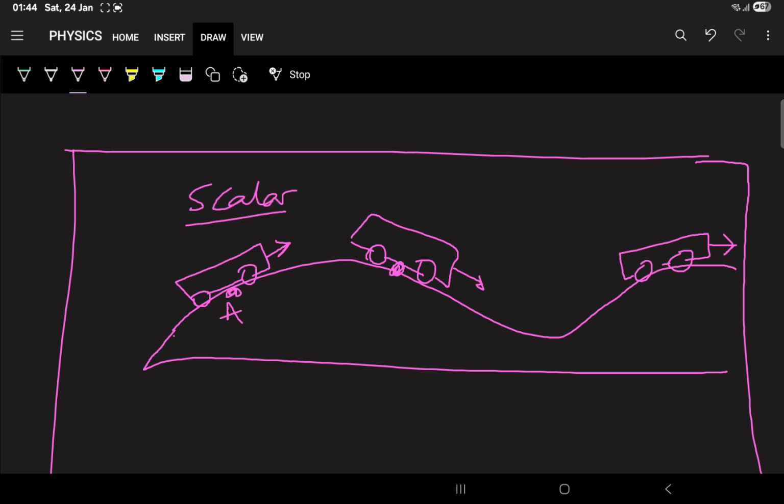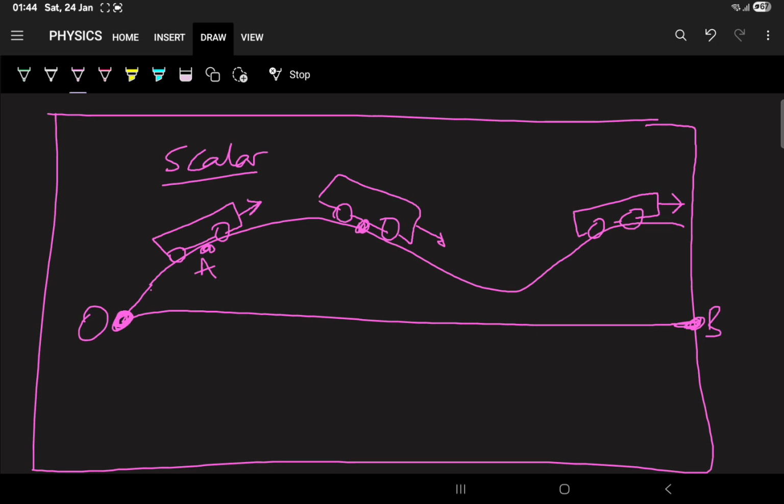So this is an example of distance. Let's take this point to be O and this point to be B. If we are asked to calculate the distance from O to B, we'll add up the distance the car travels, that's the perimeter of the hill.